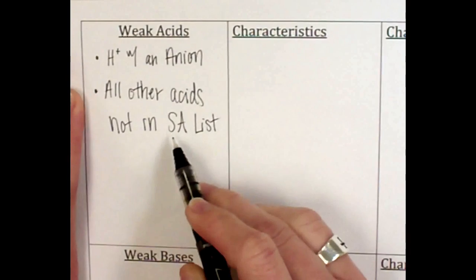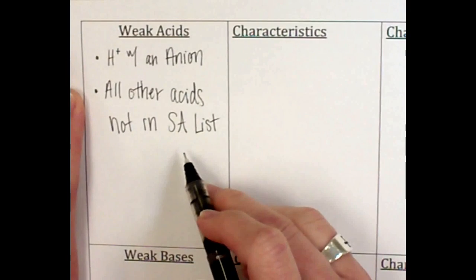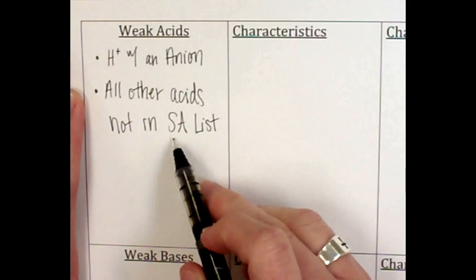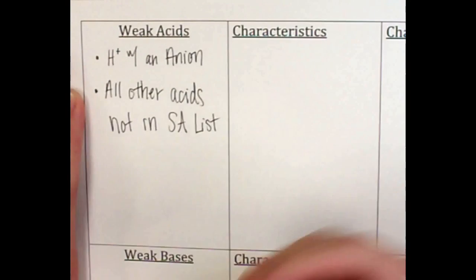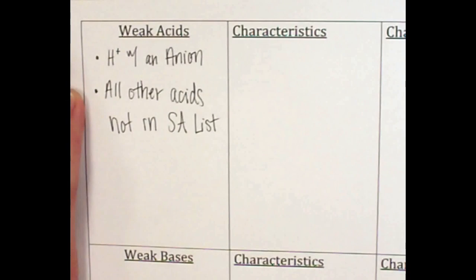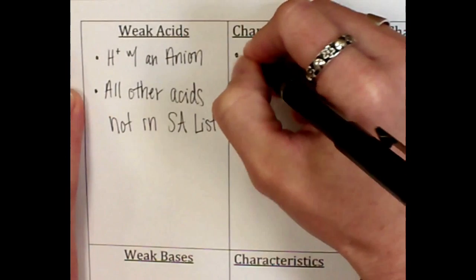Now, I put SA, we're not talking about San Antonio. I'm just going to abbreviate and put S for strong, A for acid.